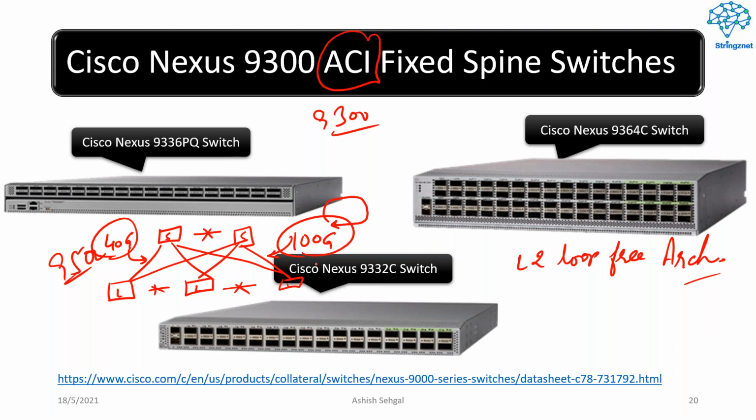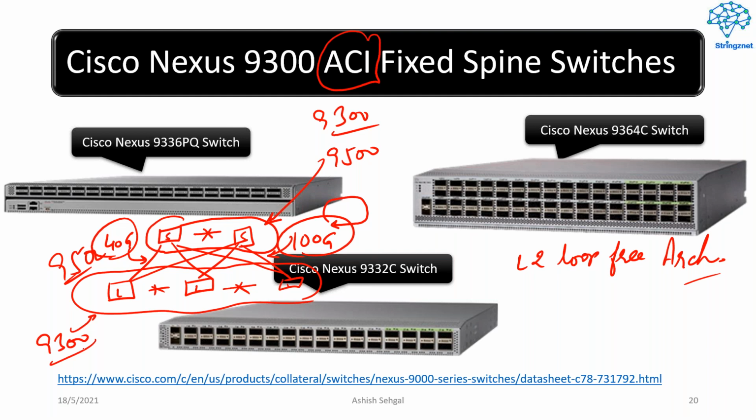That is the reason Nexus 9500 comes along, where Nexus 9500 switches are placed at this particular place. We place Nexus 9500 at the spine, and at the lower deck we place our Nexus 9300 series switches. The connectivity between upper deck and lower deck, Nexus 9500 and Nexus 9300, has to be a minimum of 40 gig. If required, you can go for 100 gig of connectivity as well.